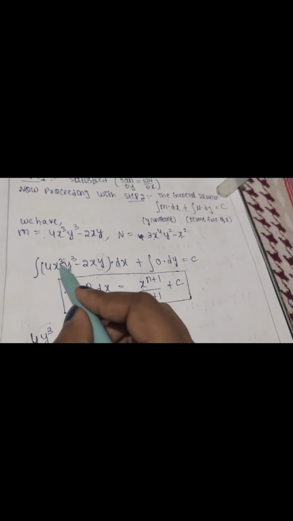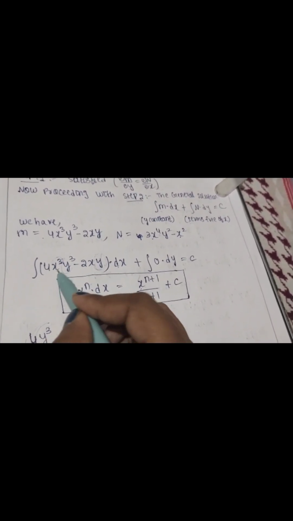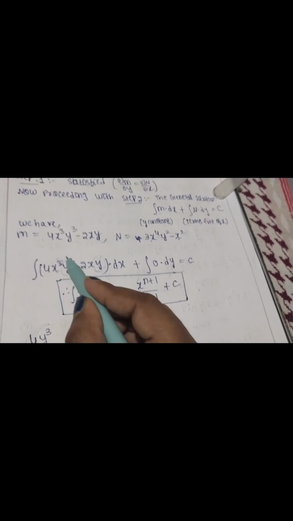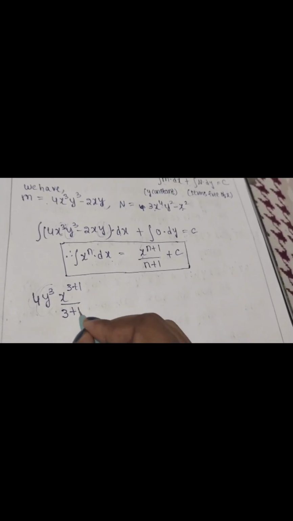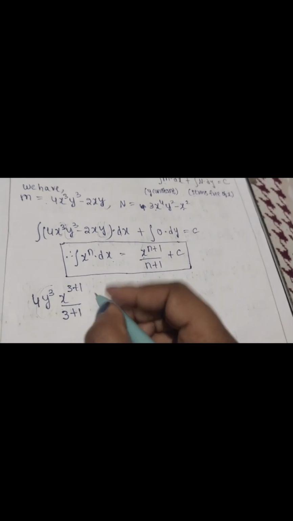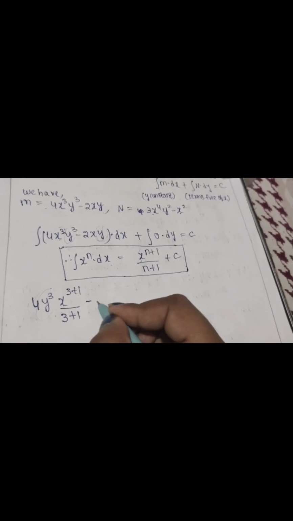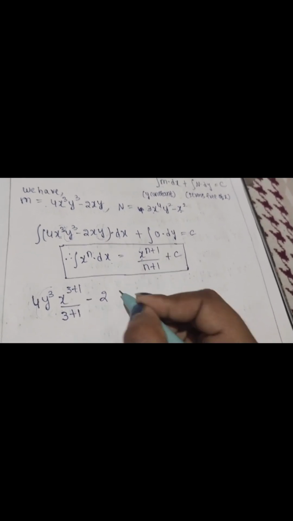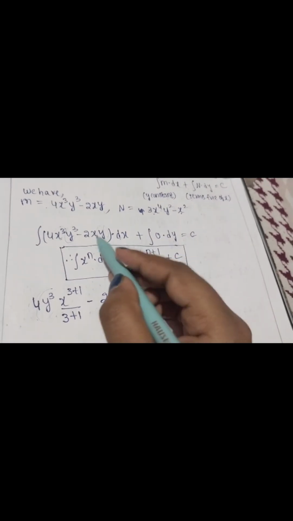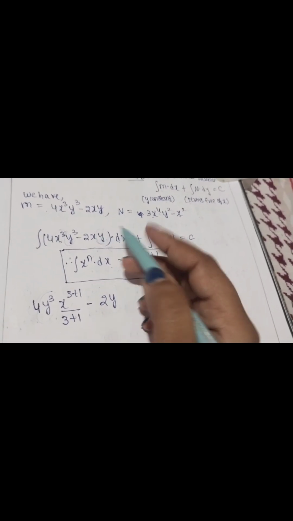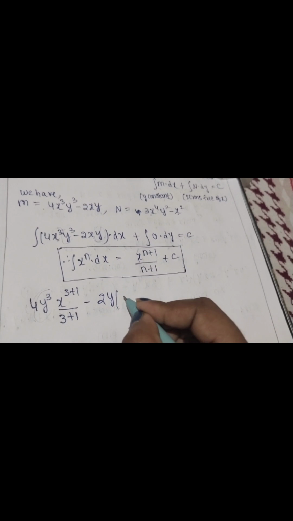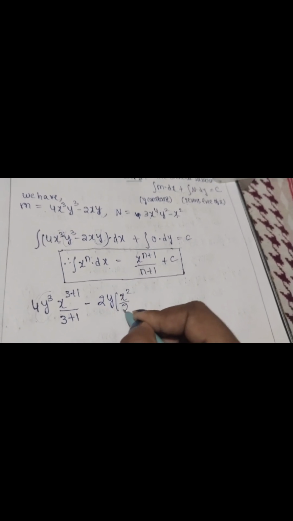Now x power n plus 1 divided by n plus 1 plus c. So now x power 3 plus 1, which is divided by 3 plus 1, minus 2y, as integration of x is x square divided by 2.